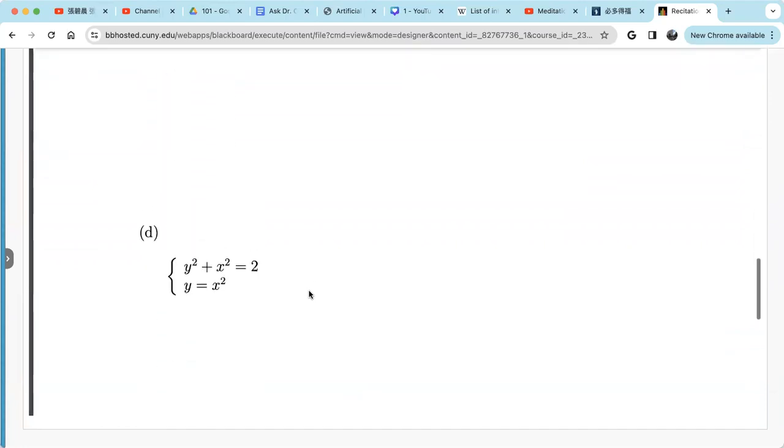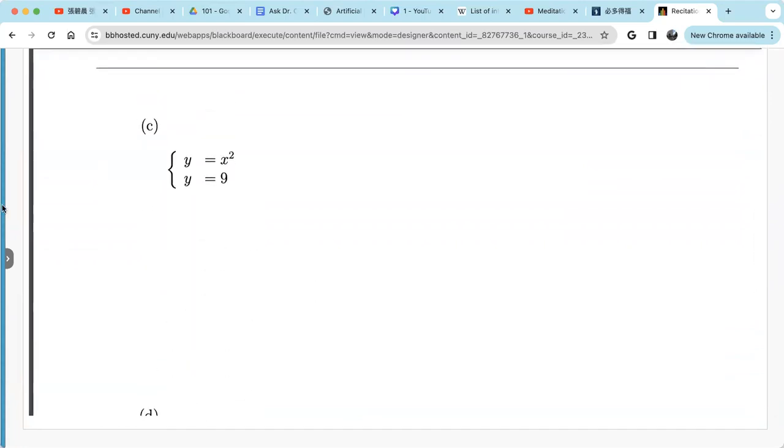Well, let's see C. For C, y equals x squared, then y equals 9. And we can see they intersect at 2 points. So we just write y, x squared, because y equals y, x squared equals 9. We'll move 9 to the other side, or we take the square root.